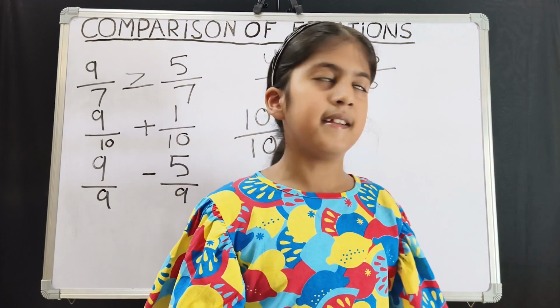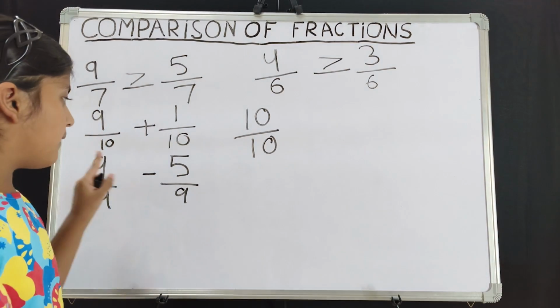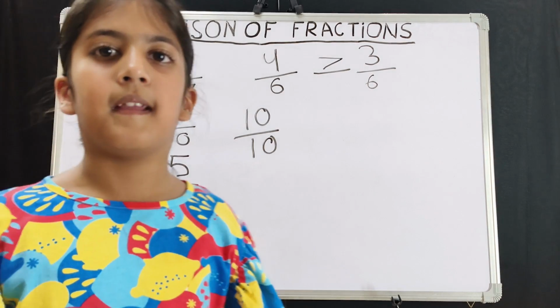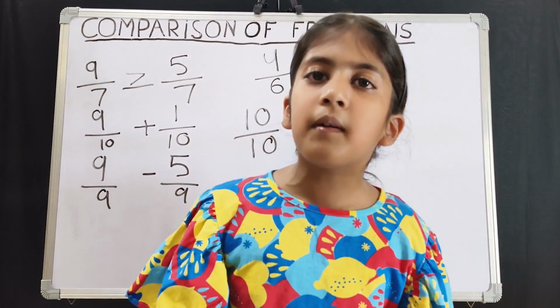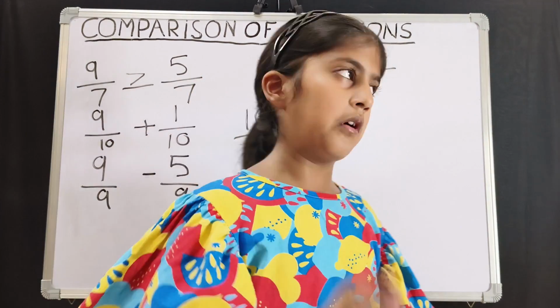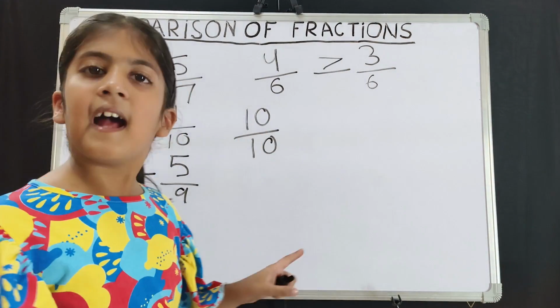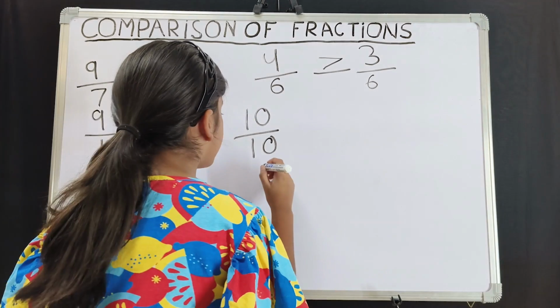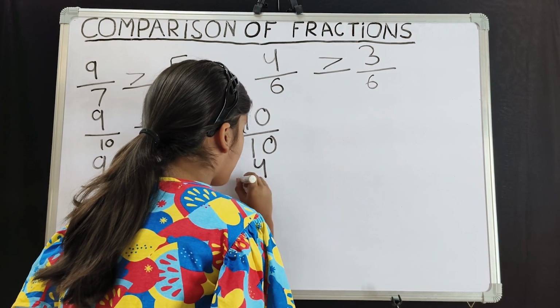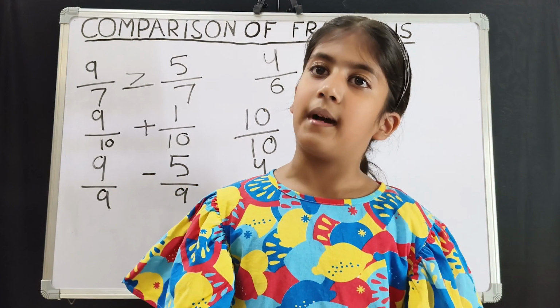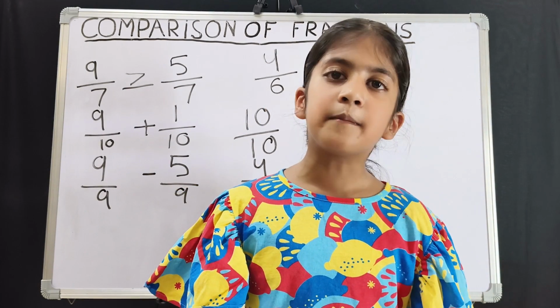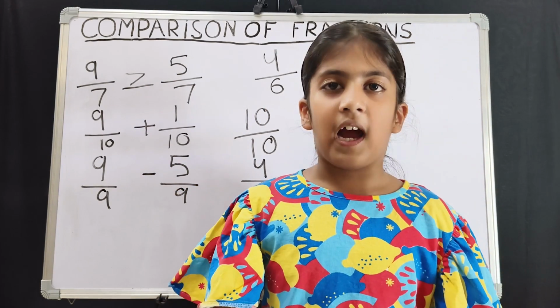So, we will subtract 5 from 9 because they are the numerators. What is 9 minus 5? 4. And we will write this 9 as it is. So my answer is 4 upon 9. So this is how we compare and subtract fractions.